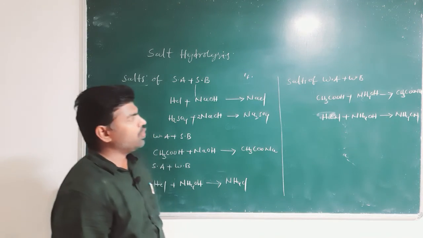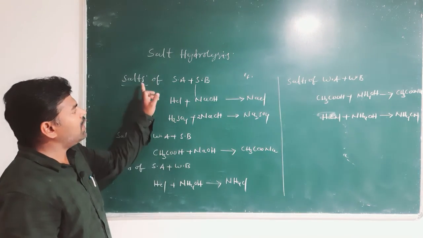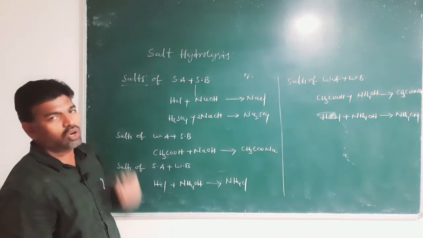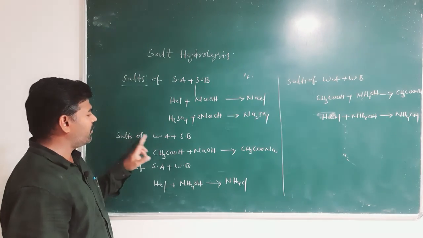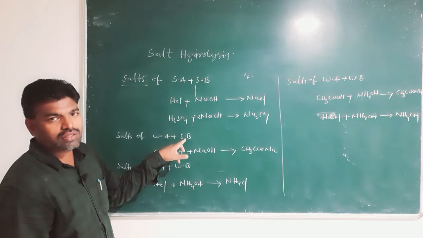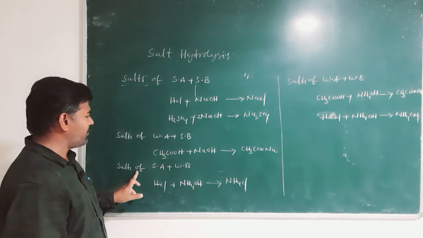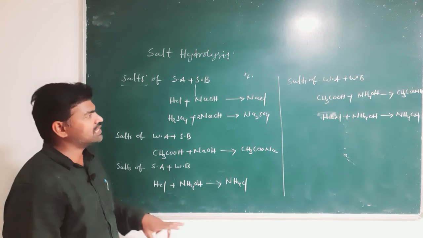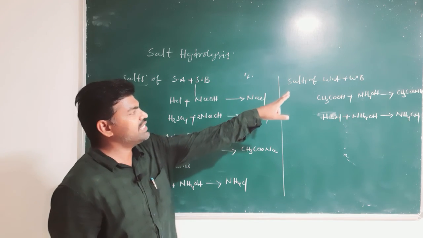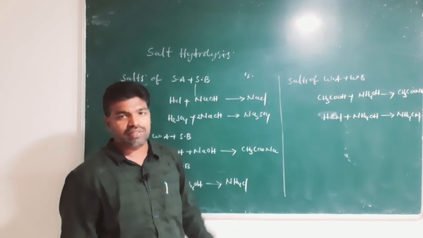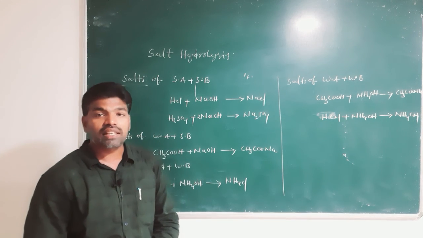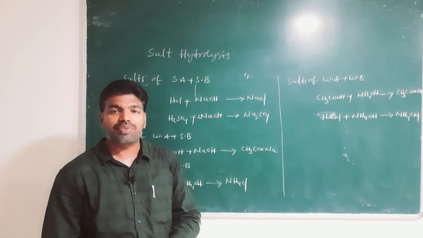So these are the 4 types of salts: strong acid and strong base, weak acid and strong base, strong acid and weak base, and weak acid plus weak base.